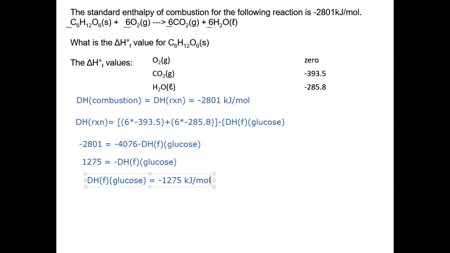While you look at that, I'm just going to double check my work. And yes, I did get the answer, same for heat of combustion.